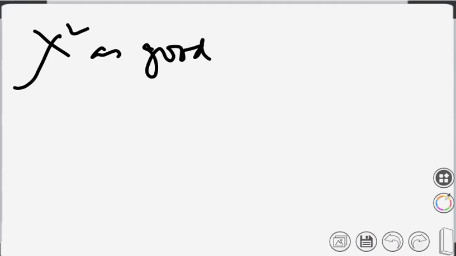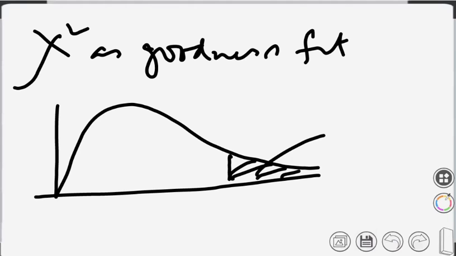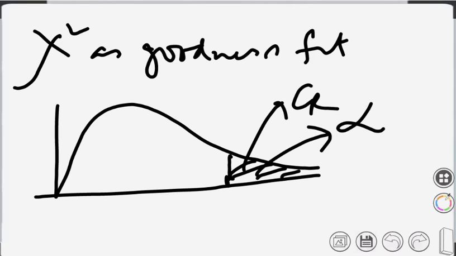Now please write: chi-square goodness of fit is always a right-tail test, where the level of significance, the critical region, always lies at the right. This is the acceptance region, and this is the critical region corresponding to the level of significance.